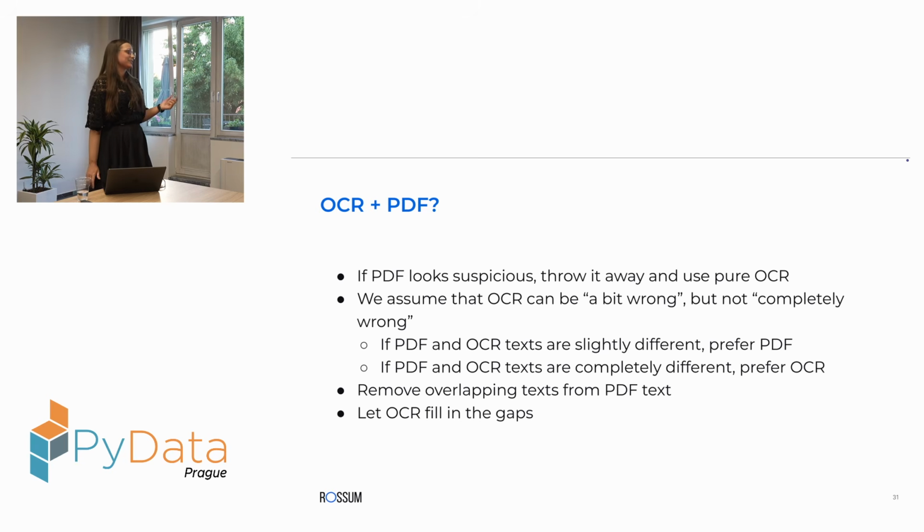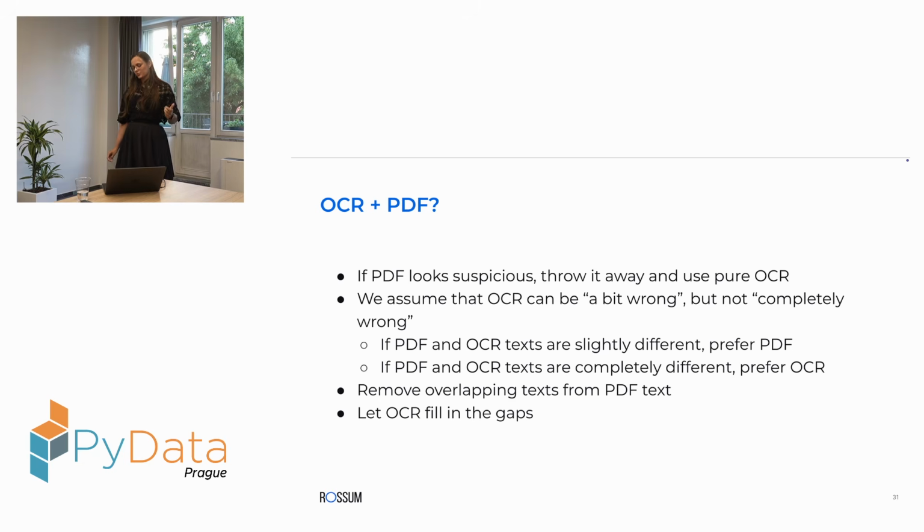And then we do some other things. Like I mentioned, invisible text or bad bounding boxes cause some overlapping words, which is weird for us. It's probably wrong, and we don't know which one we want to keep and which one we want to throw away. So we remove both overlapping words and just let OCR fill the gaps.